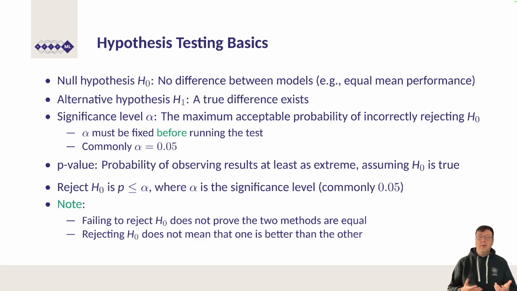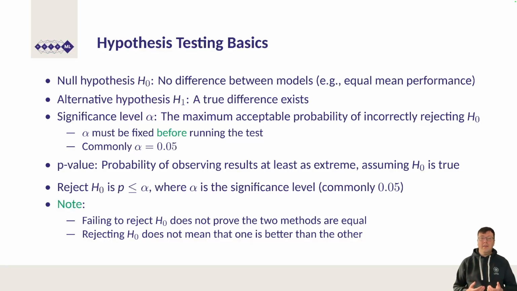The p-value is the probability of observing a result at least as extreme as what we actually observed, under the assumption that H0 is true. If the p-value is at most alpha, we reject H0. Two important caveats. First, failing to reject H0 does not prove that the two configurations are equivalent.